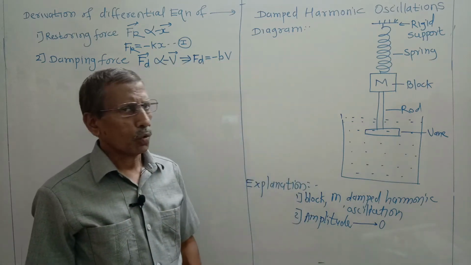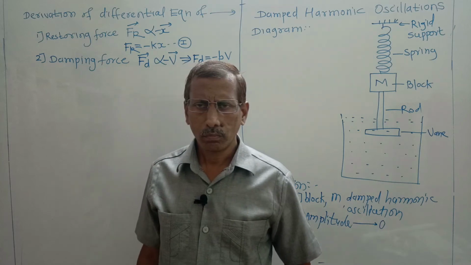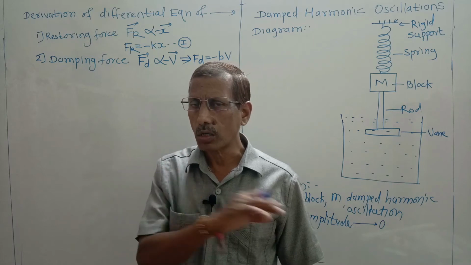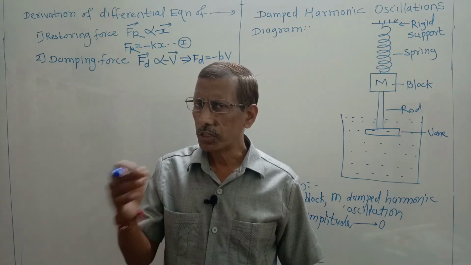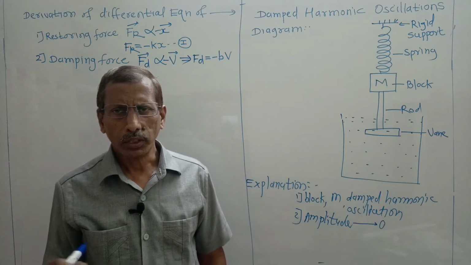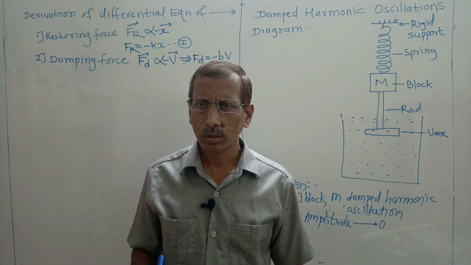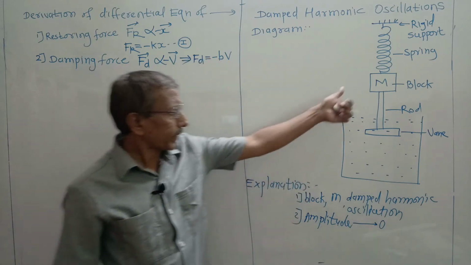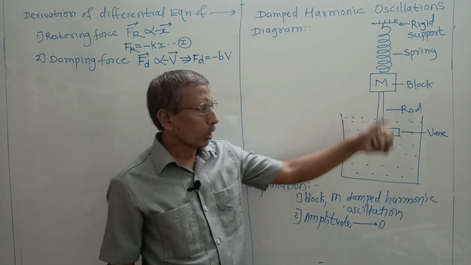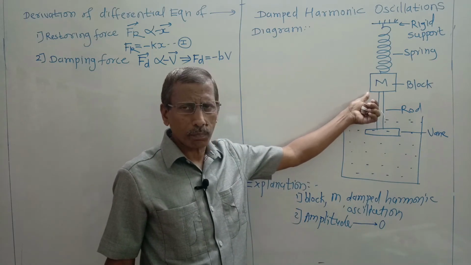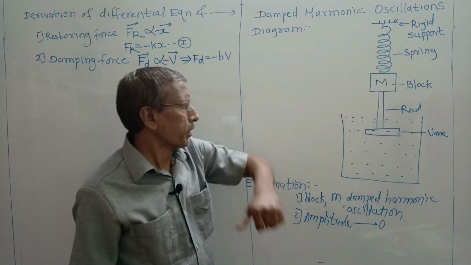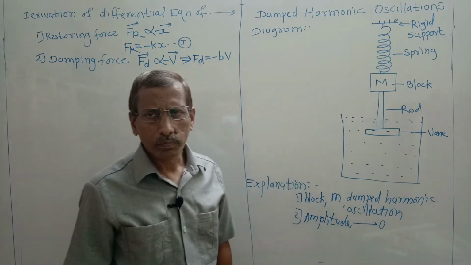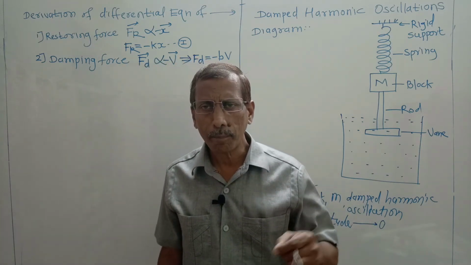So when the block is performing damped harmonic oscillations, two forces act on the block. One is the restoring force, the second one is the damping force, and so the resultant force, or unbalanced force, or impressed force acting on the block, is the sum of restoring force and damping force.